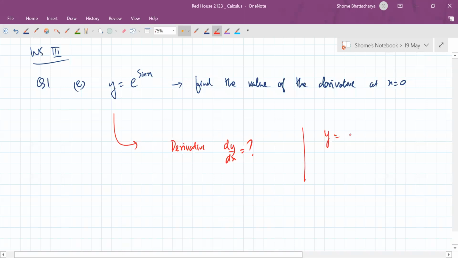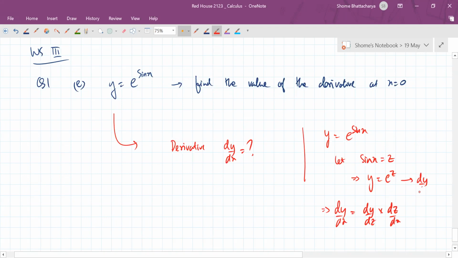So what is the derivative? We'll have to use chain rule. So we can take sin x as z. So y becomes e raised power z. So dy by dx is this. dy by dz is the derivative of e raised power z, which is e raised power z only, whereas dz by dx is the derivative of sin x, which is cos x.